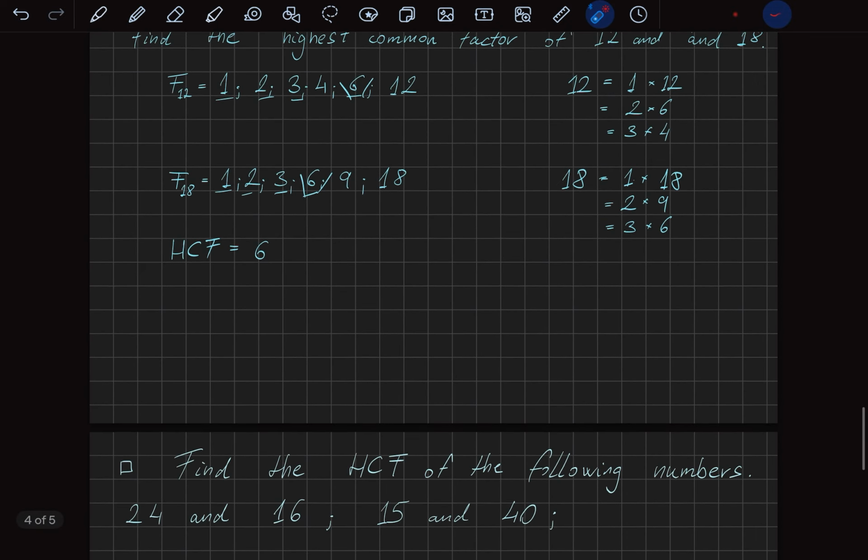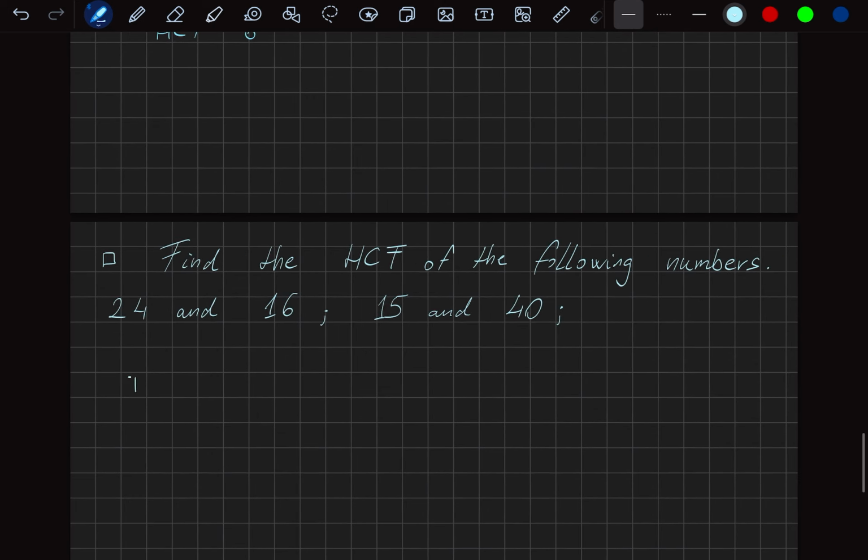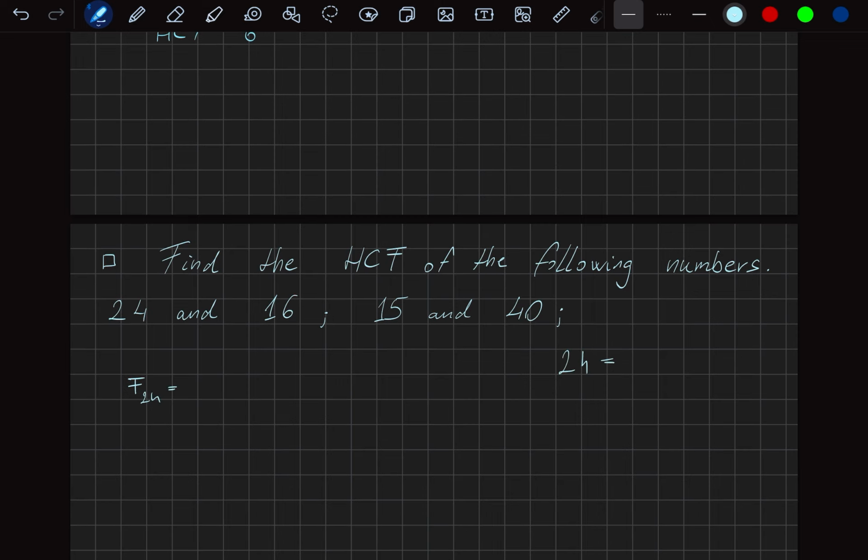A little practice. Find the highest common factor of the following numbers: 24 and 16. So factors of 24, we will search the factors: 1 times 24, 2 times 12, 3 times 8, 4 times 6, 5 times nothing, 6 times 4.